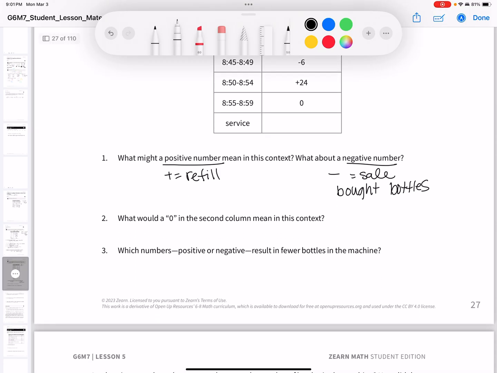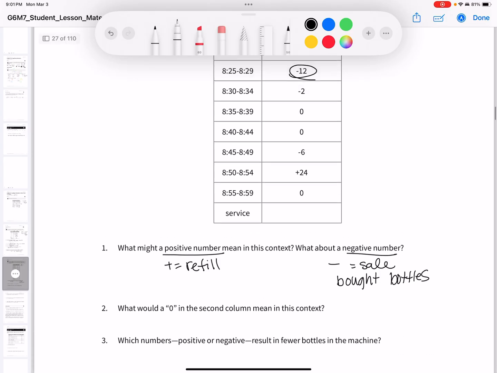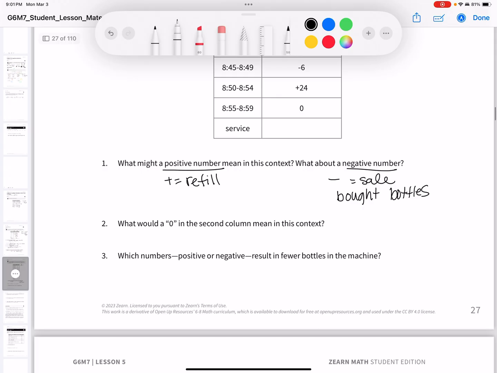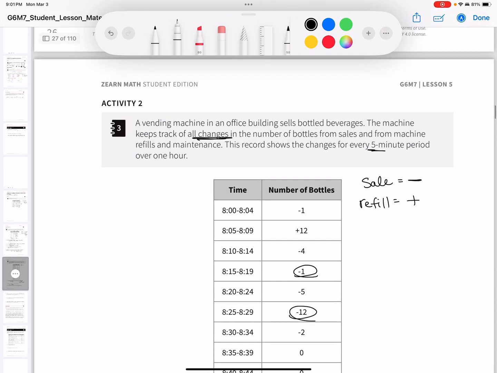What would a 0 in the second column mean in this context? Okay, so a 0 could mean that nothing was bought or sold, or nothing was refilled or nothing was sold. So a 0 could mean no sales, or it could be no refills, right? But this tracks changes.